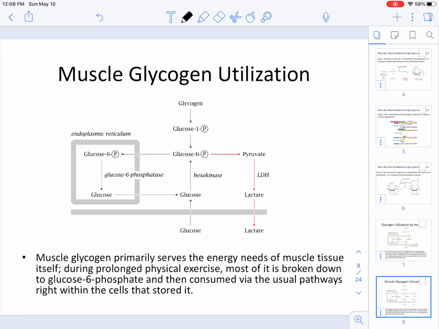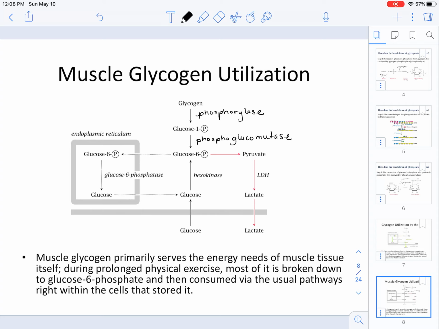Now, remember, during prolonged physical exercise, we're going to have that glycogen, and then the phosphorylase enzyme is going to convert it to glucose 1 phosphate, then the phosphoglucomutase is going to convert it into glucose 6 phosphate.